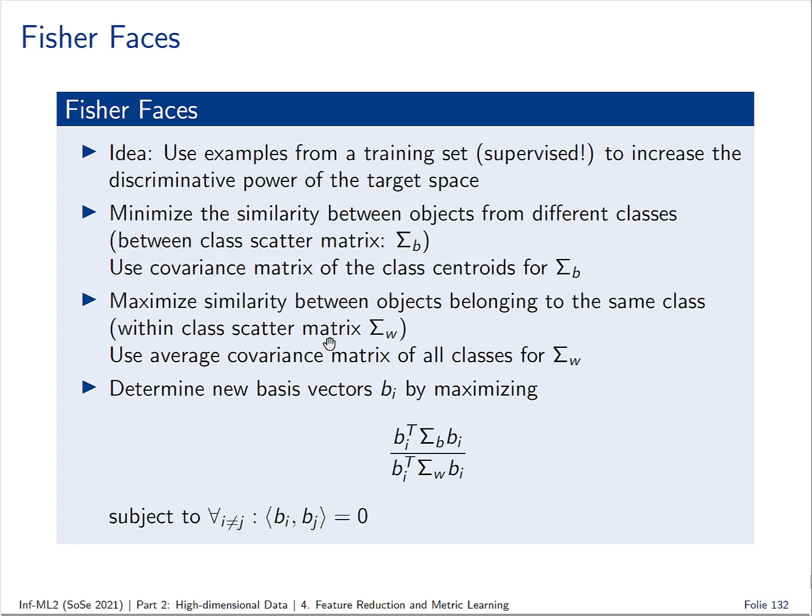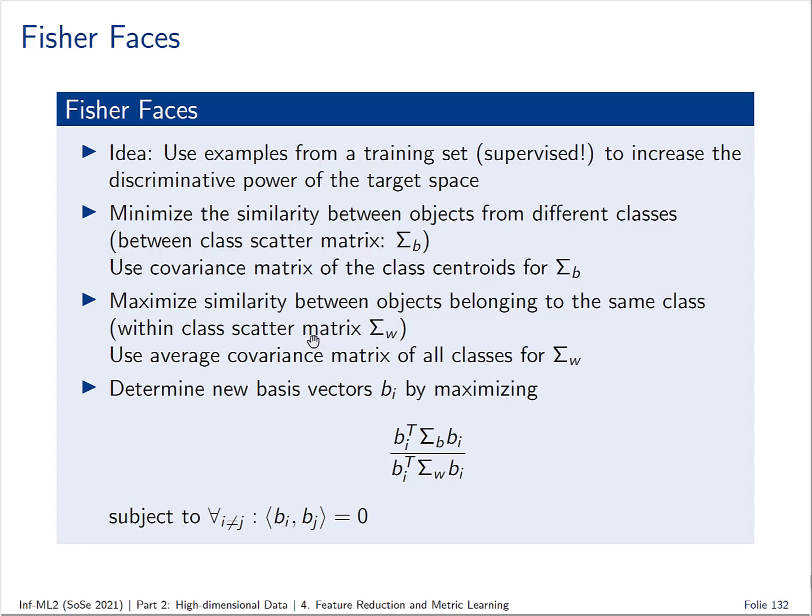So these directions should be kept small somehow, and for that scatter matrix we use the average covariance matrix of all classes. So once again, those are the directions between the classes, and we want to maximize these directions.